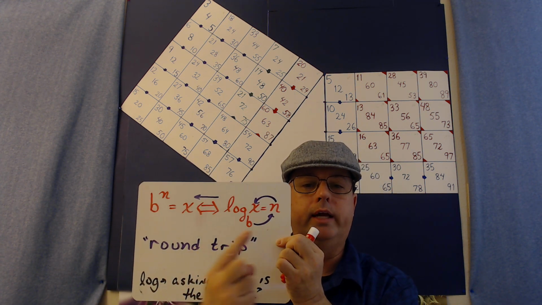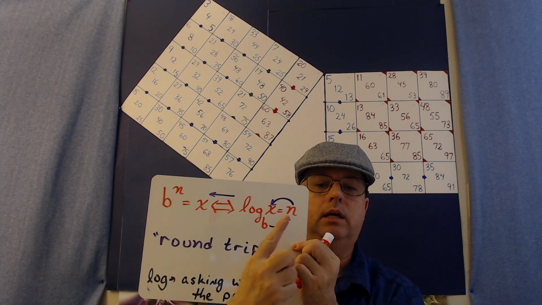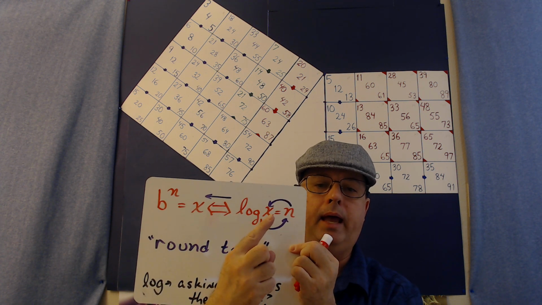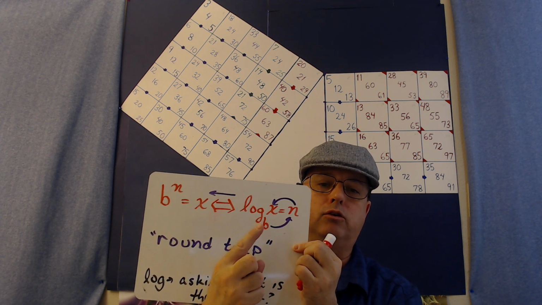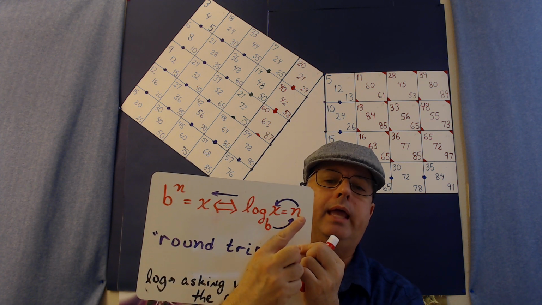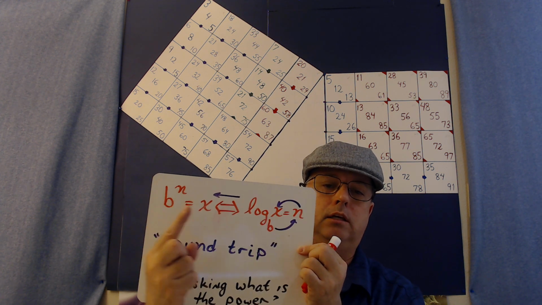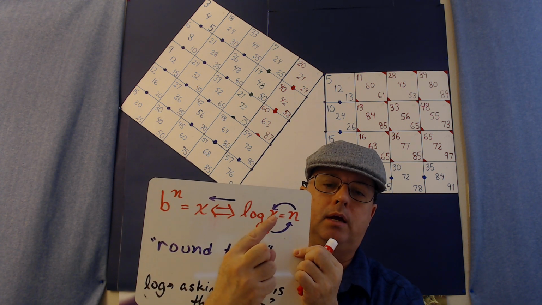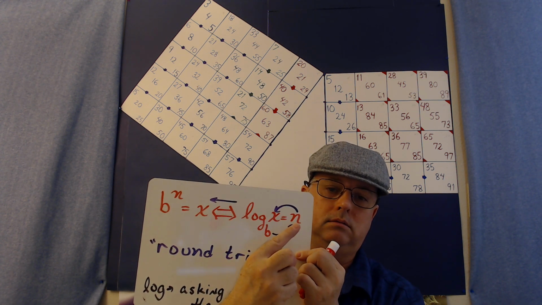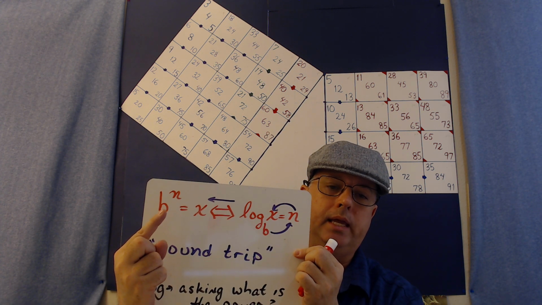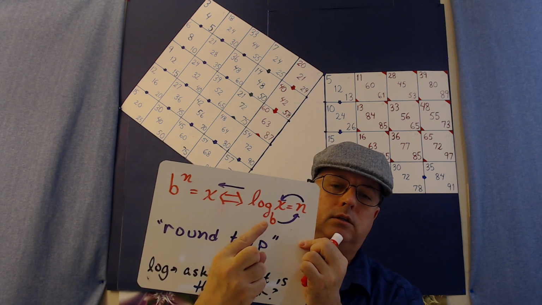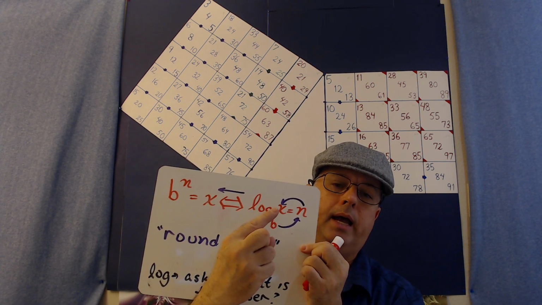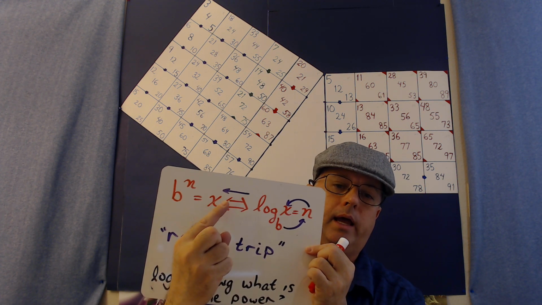There is a power, n, that makes b become x. How does b become x? Well, you need the n power for b to become x. So there is a power that makes b become x. That's n. And when we take b and raise it to the power that makes b become x, we get x.